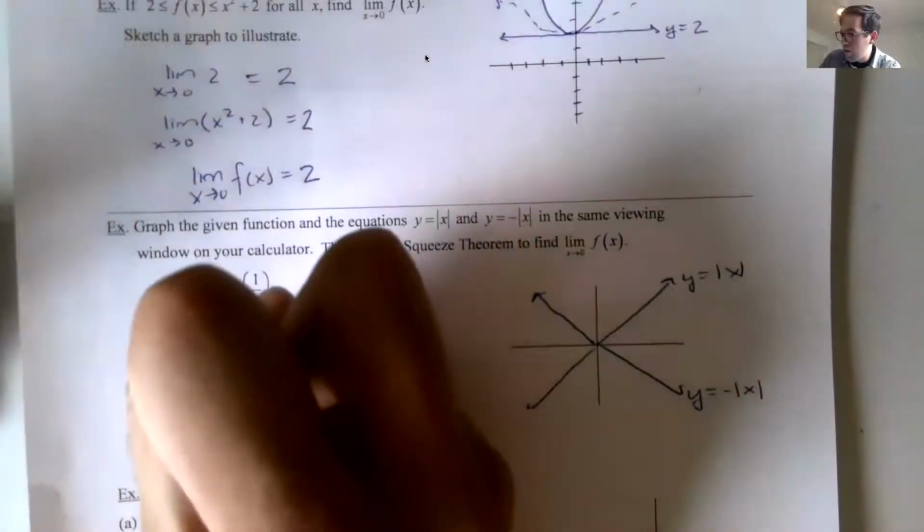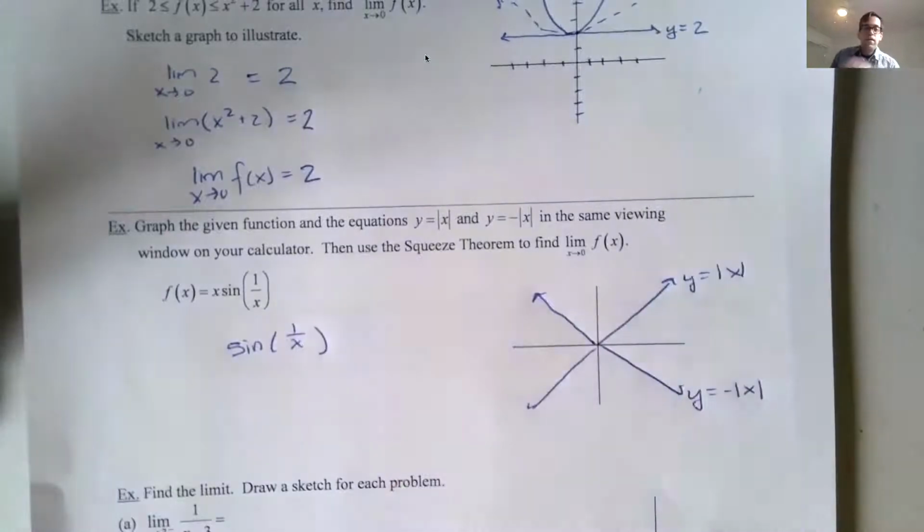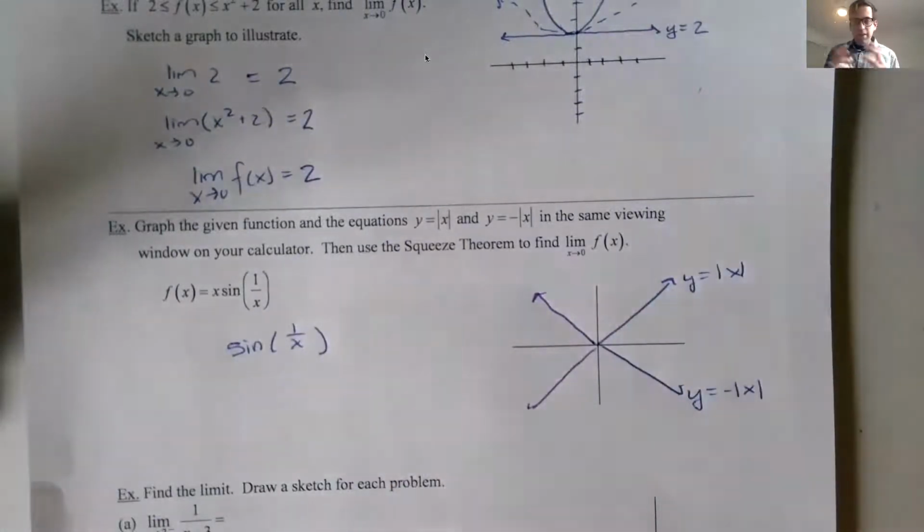So if we start with thinking about just the sine of 1 over x. This is sine of something. And 1 over x, that's a whole function on its own. But when we take the sine of something, the answer has to be bounded between negative 1 and 1, right? Think about a sine curve. It just kind of bounces up and down.